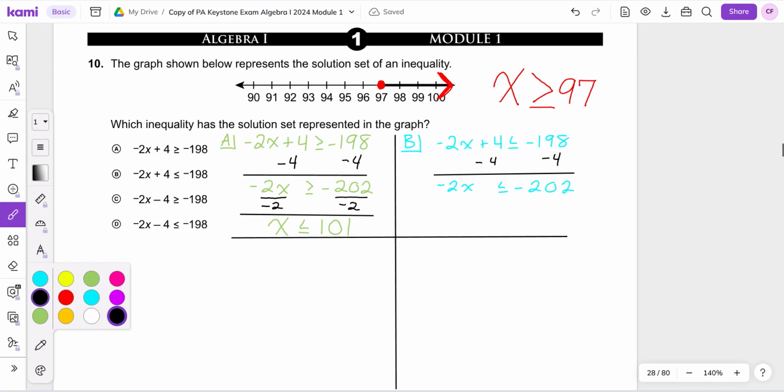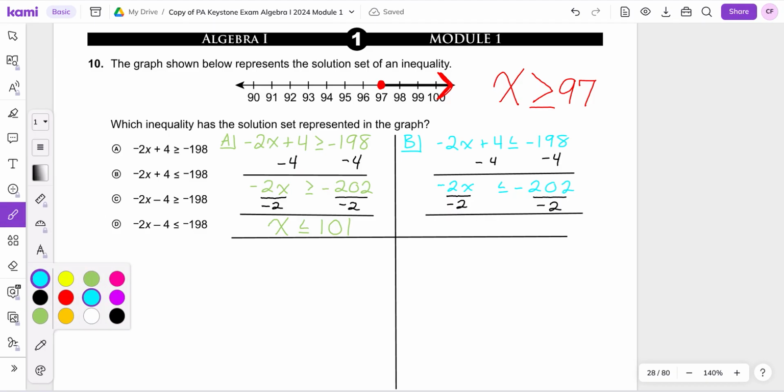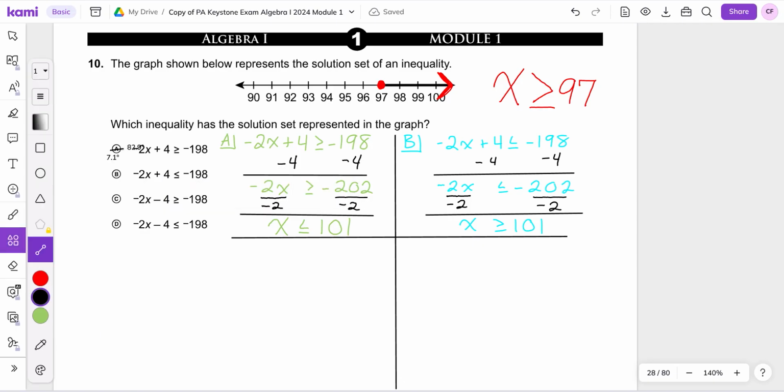Divide everything by negative 2. And we get x, dividing by a negative flips it, 101. But like I hinted at earlier, since A and B were the same numbers, and we knew the number was wrong already with 101, A and B are both incorrect.